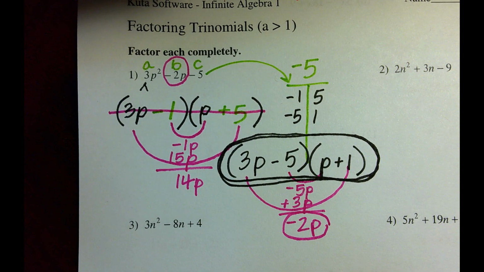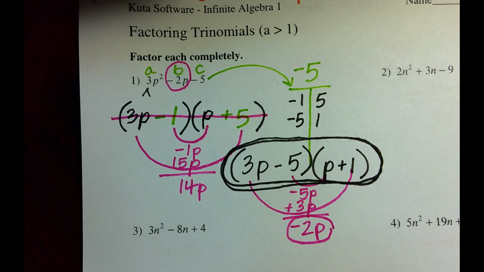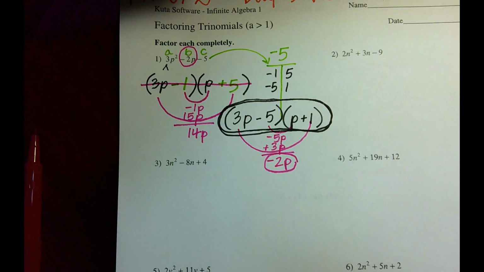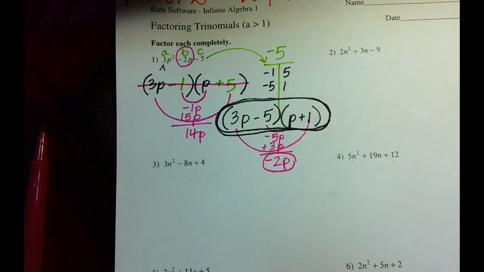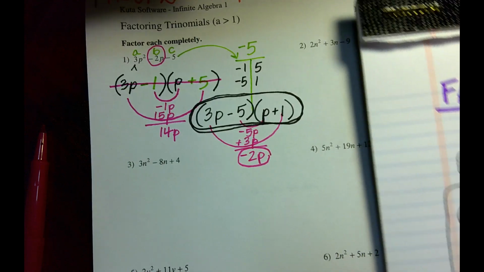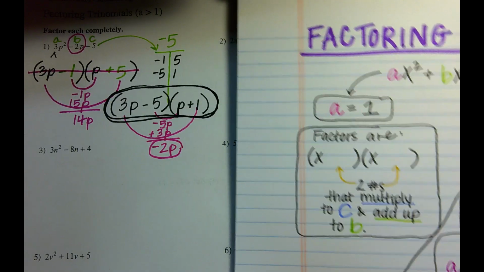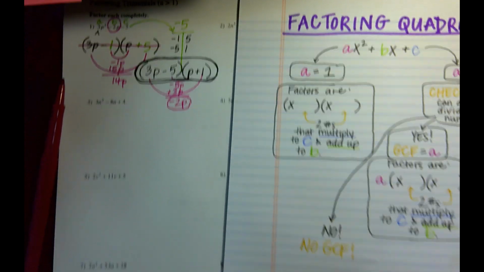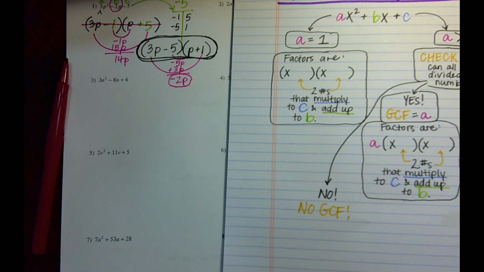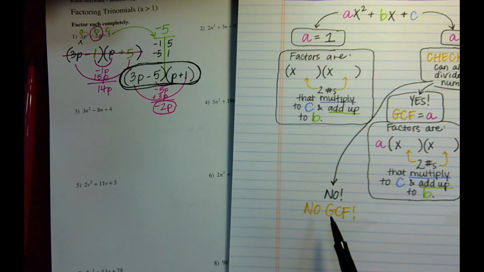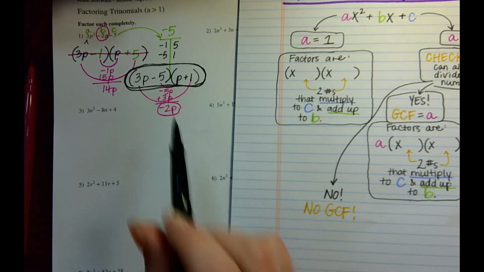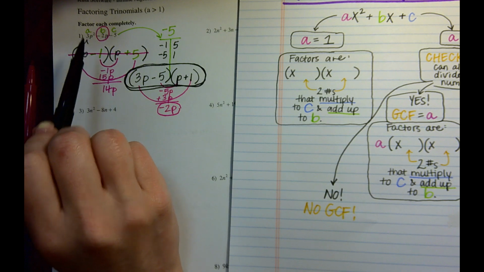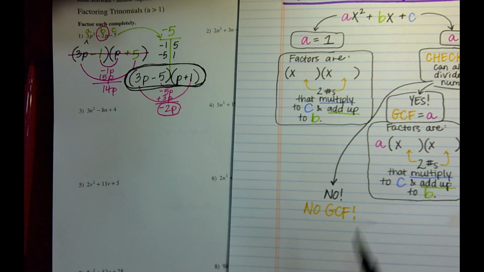All right. So I'm going to zoom out of that just a little bit and go back to this chart I was making. So in this scenario, we said no, there was no greatest common factor. So we decided to include A, or 3, in our parentheses.